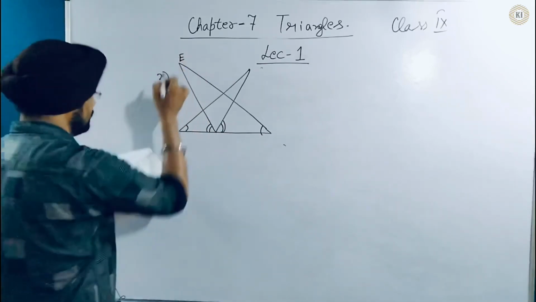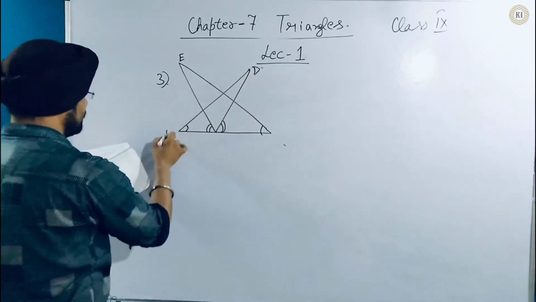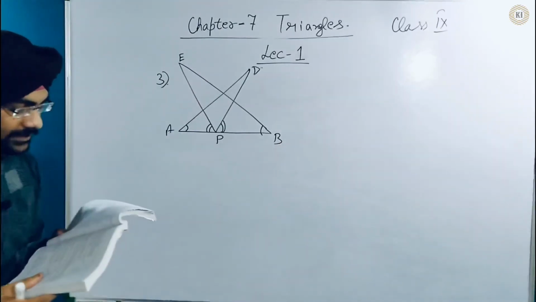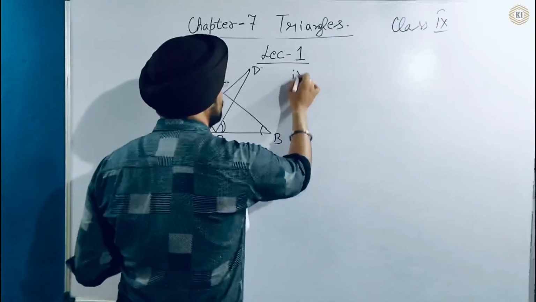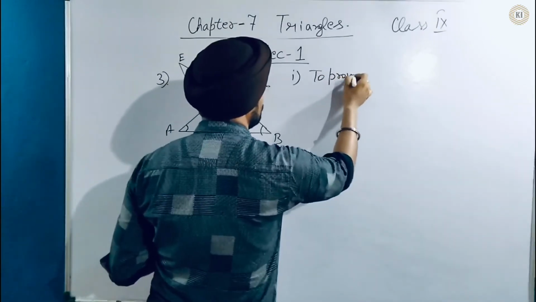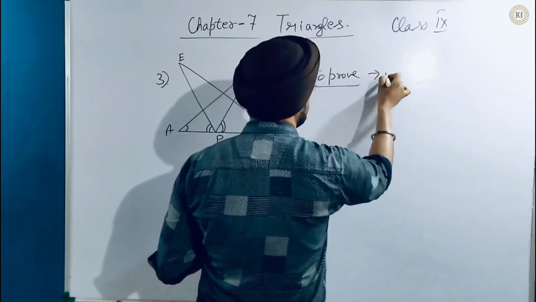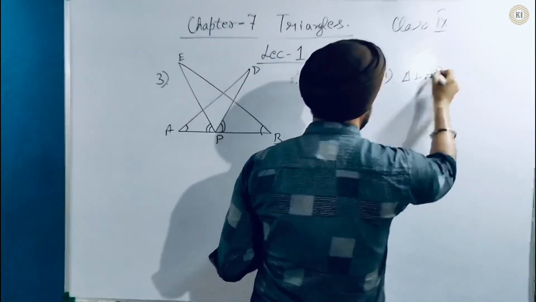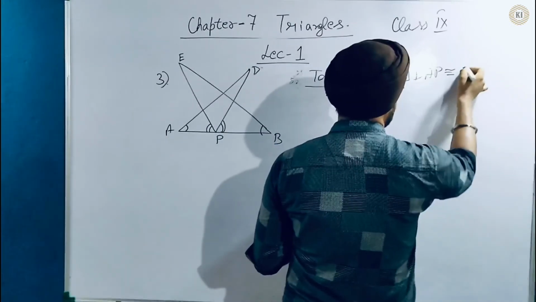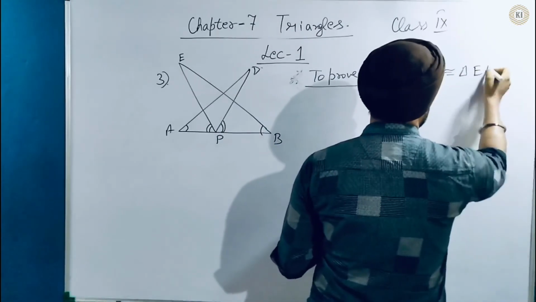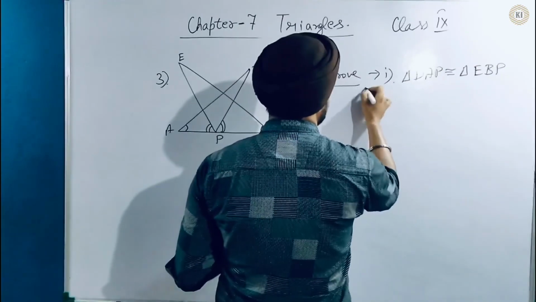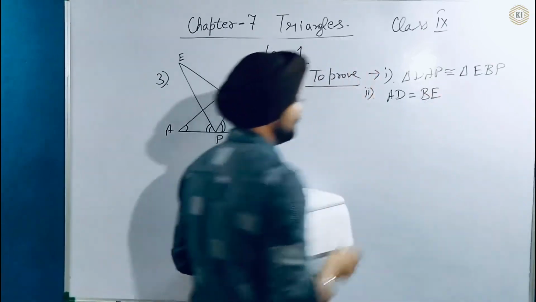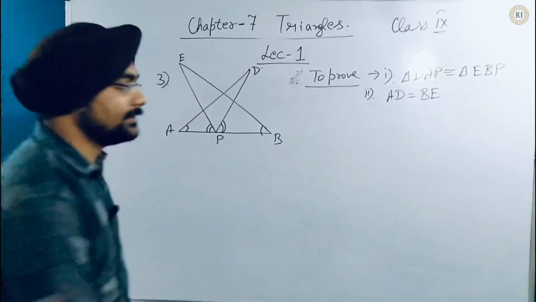This is E, D, A, P, B. So in this figure we have to prove, first part, triangle DAP is congruent to triangle EBP. Second part, AD is equal to BE. Let us start here.